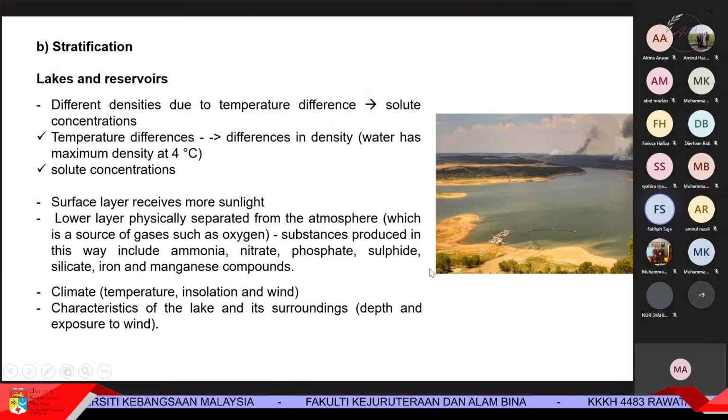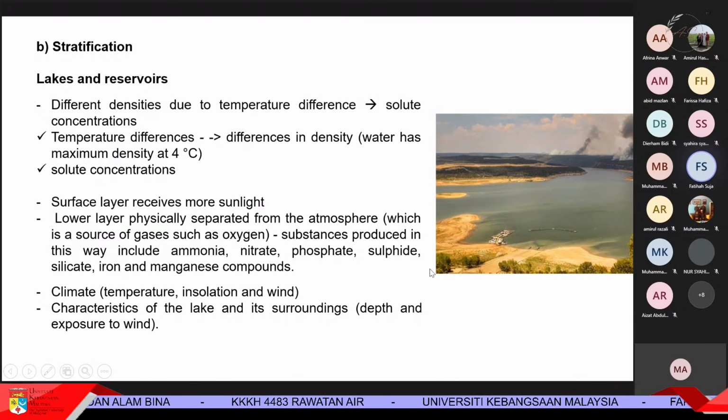Okay, and then when you talk about lakes and reservoirs, the important thing is stratification. A very important factor influencing water quality in relatively still, deep waters such as lakes and reservoirs is stratification, because you don't have much mixing.